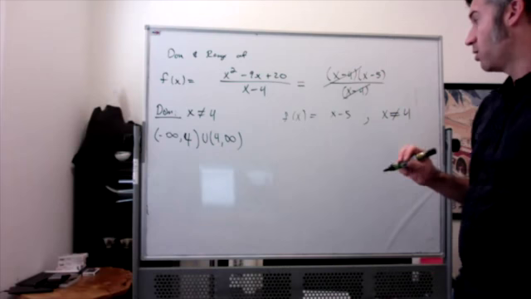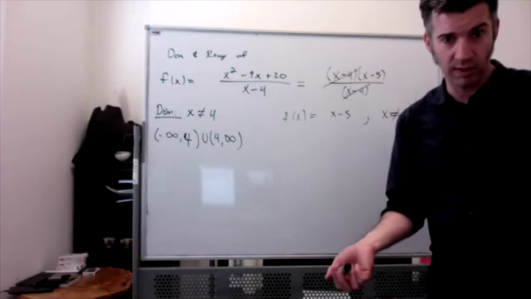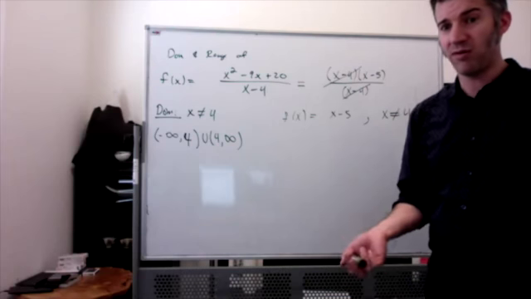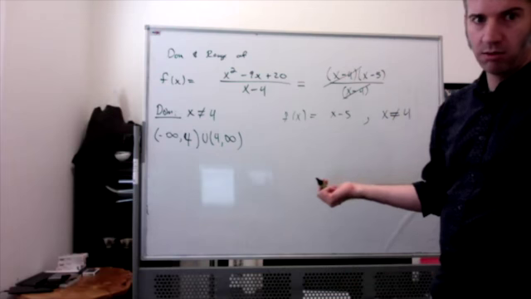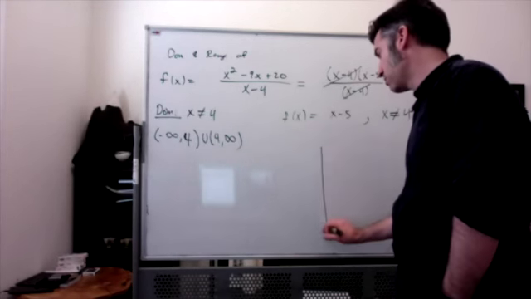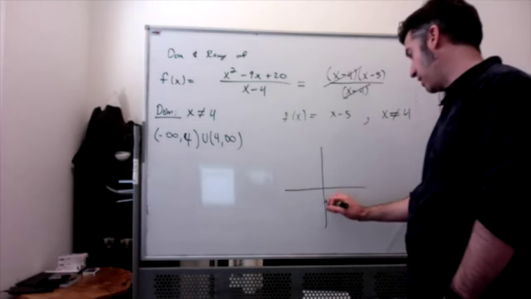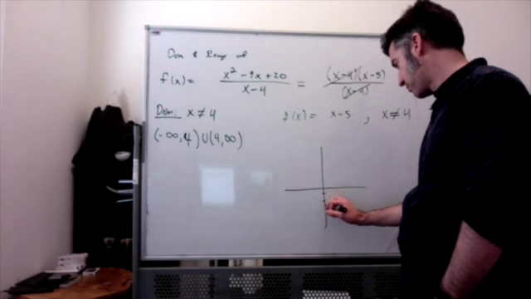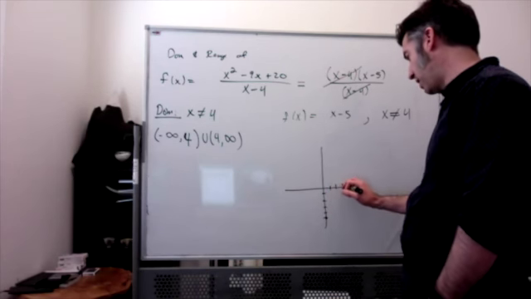Okay, we can find the range in one of two very straightforward ways. The most straightforward is to actually think of the graph. You'd be like, okay, well, x can't be 4. So if I try and graph this line, y equal to x minus 5, it's got a y-intercept of negative 5. It's got an x-intercept of positive 5.